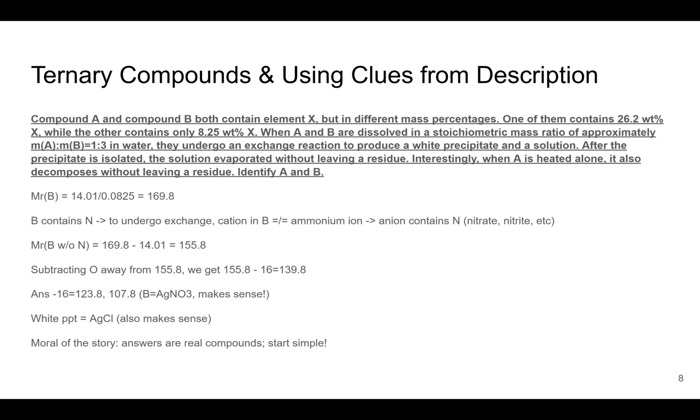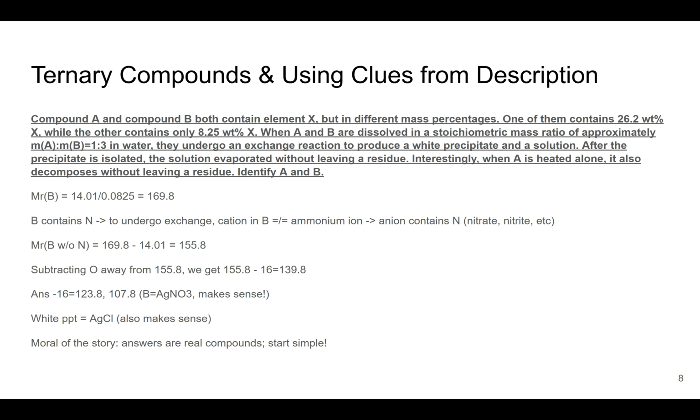The cation in B is something else because nitrogen forms very few cations, and we'd probably be safer guessing the anion in B to contain nitrogen instead. And we know plenty of anions which contain nitrogen, such as nitrate and nitrite. And because all these anions also contain oxygen, and we know that nitrogen forms a variety of anions with oxygen, we can move ahead with setting up this equation.